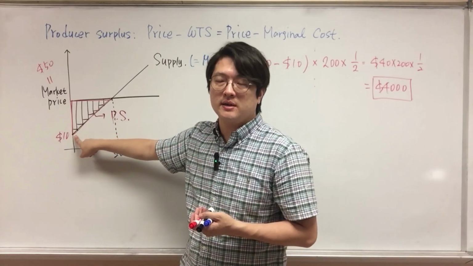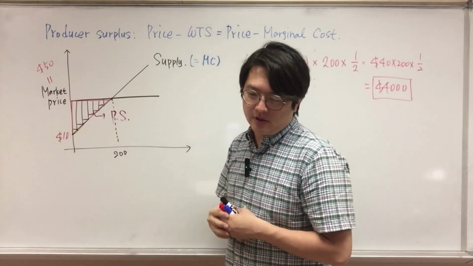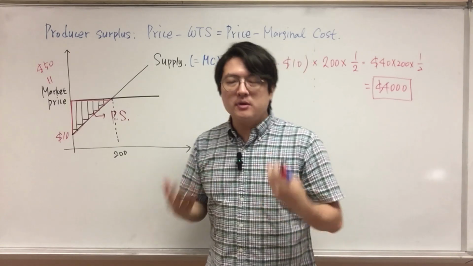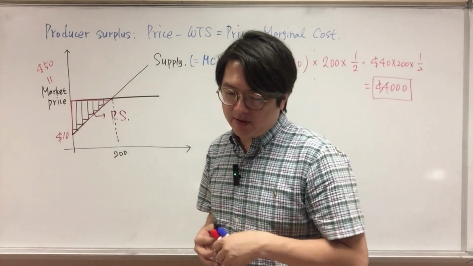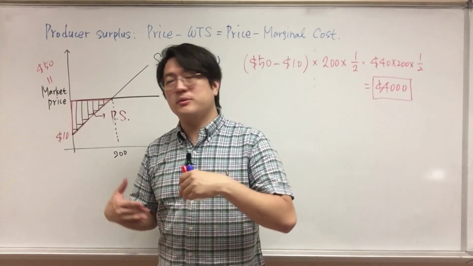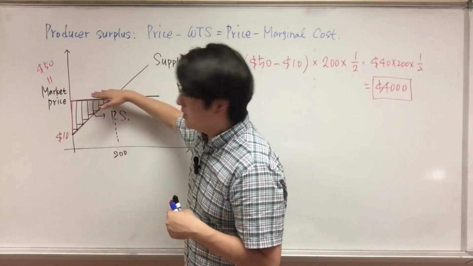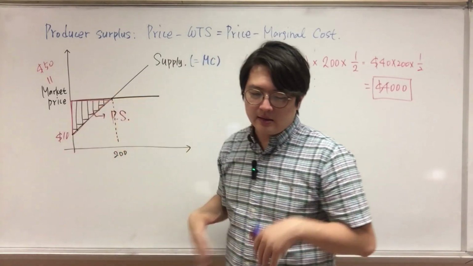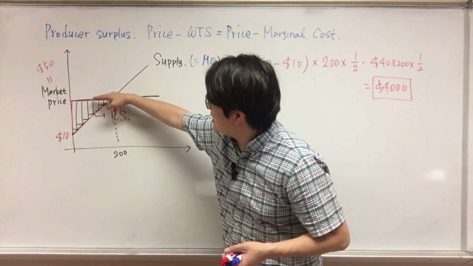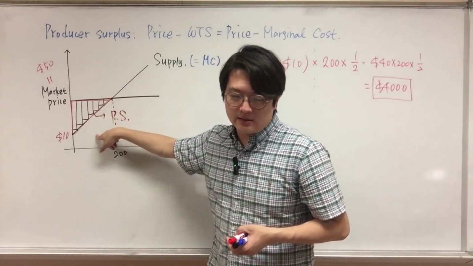Okay, so graphically, producer surplus is represented by the area above the supply curve and below the equilibrium price. Correct?